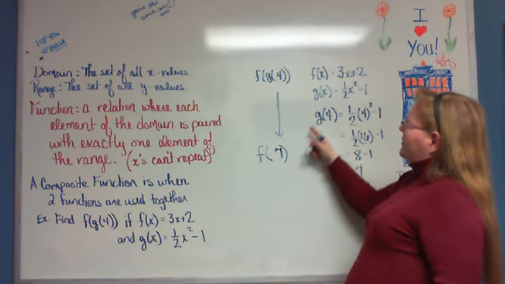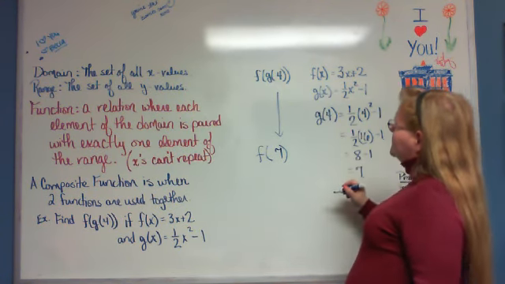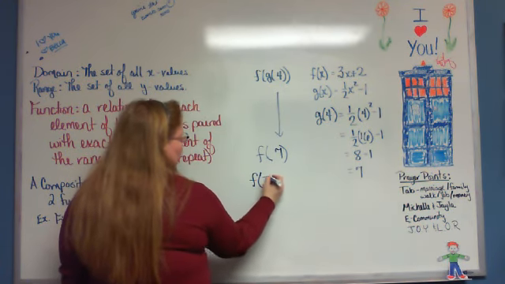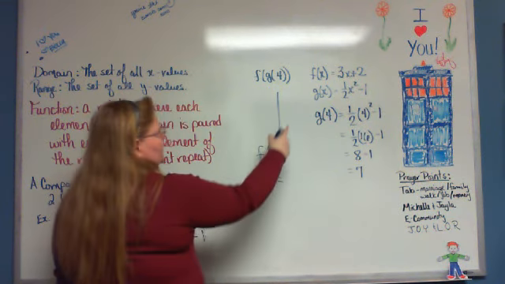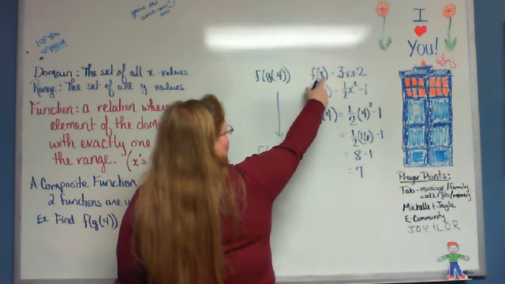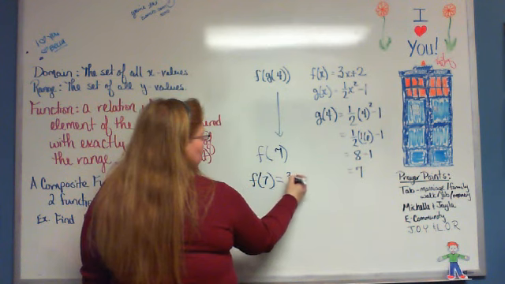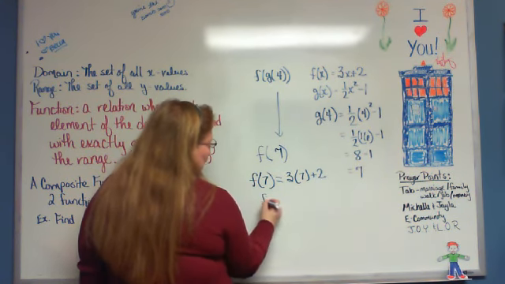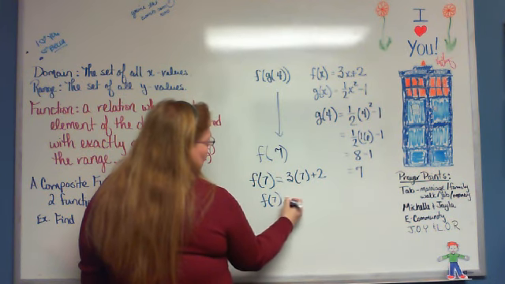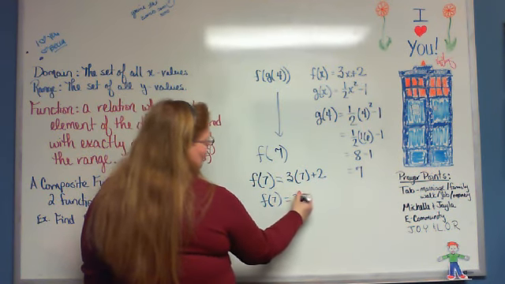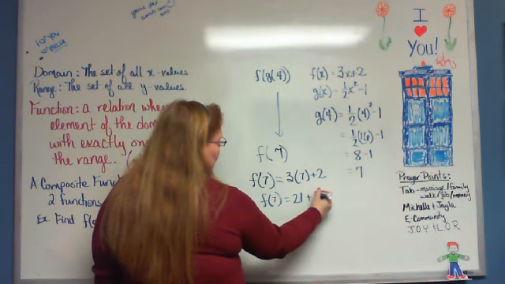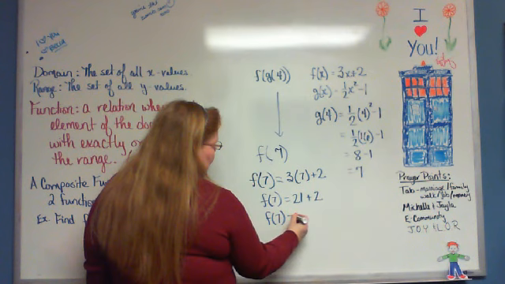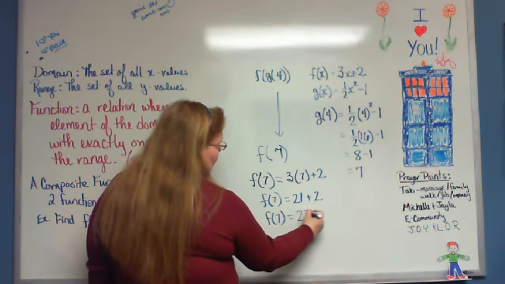F of 7 we can get because they told us what f of x was. So instead of writing this, I'm going to write it with a 7 for all of my x's. So that makes f of 7 equal to 21 plus 2. So f of 7 is 23.